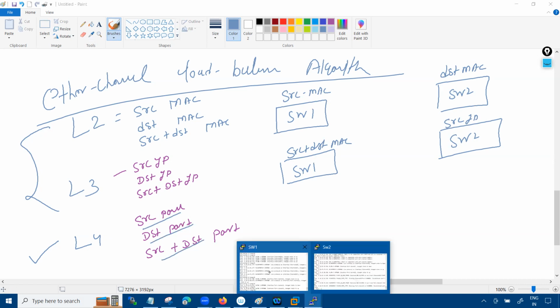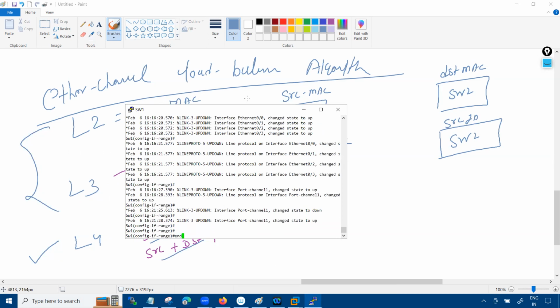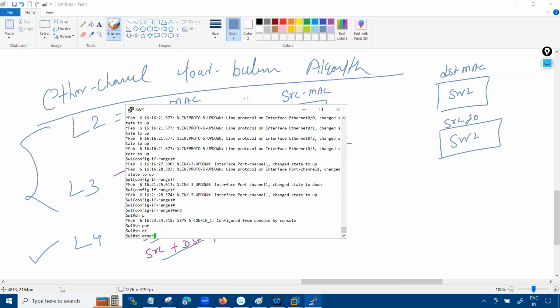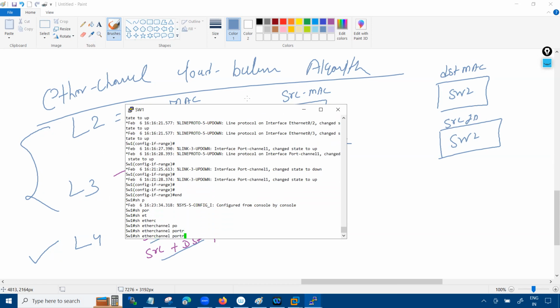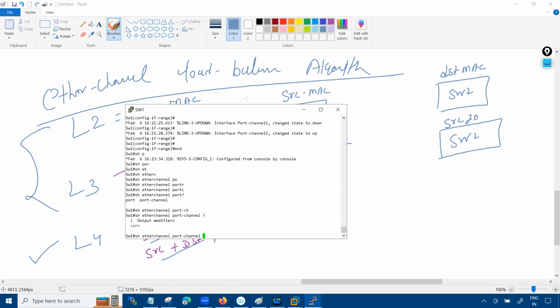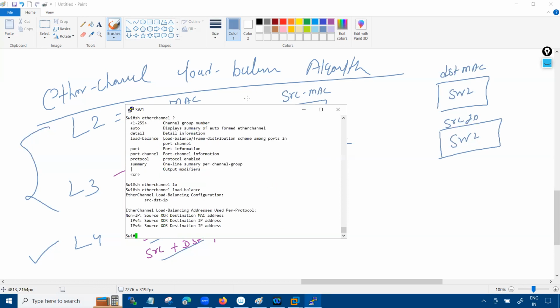So if you see right now, what default behavior do I have? Port channel, EtherChannel, load balance. Right now they are using source and destination IP.